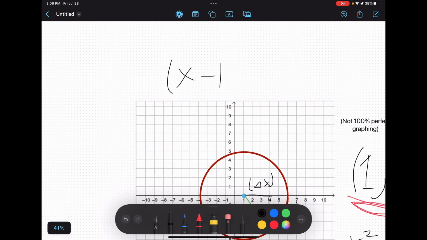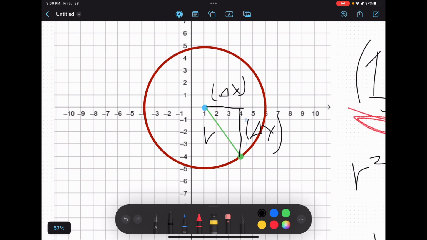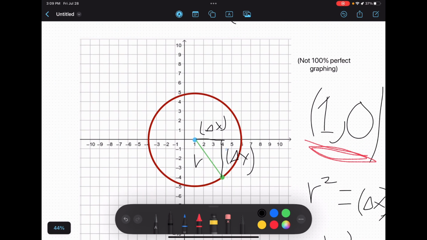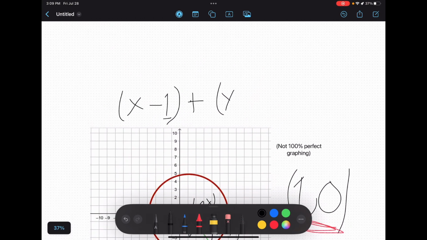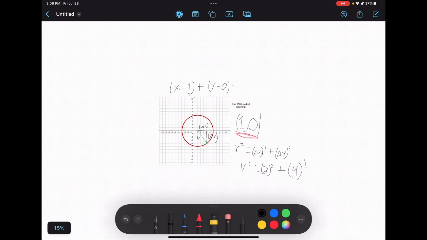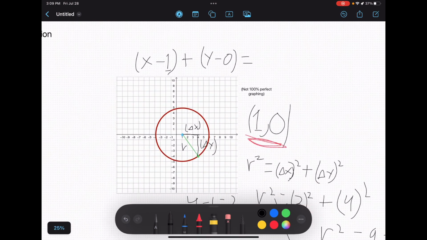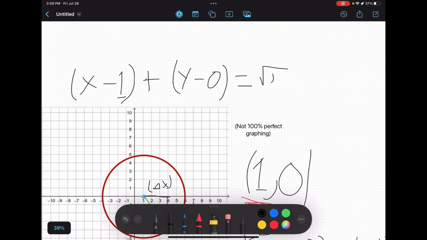That's important. x minus 1, squared, plus y minus 0, squared, equal to r squared. So we'll put 25 in here.